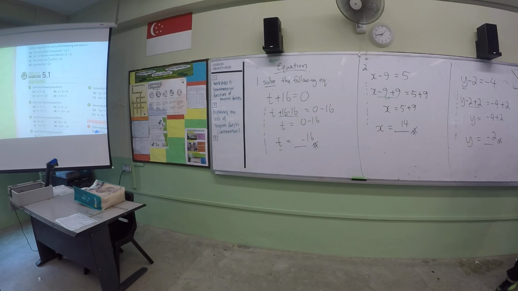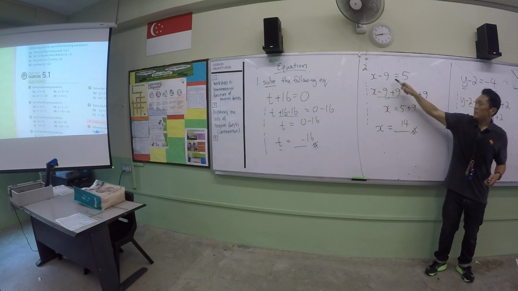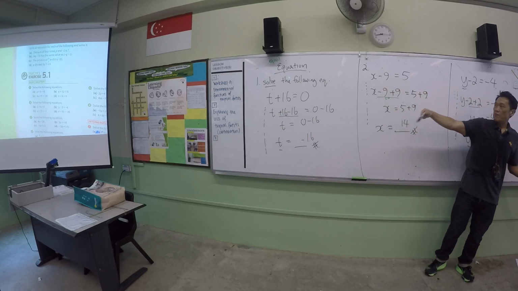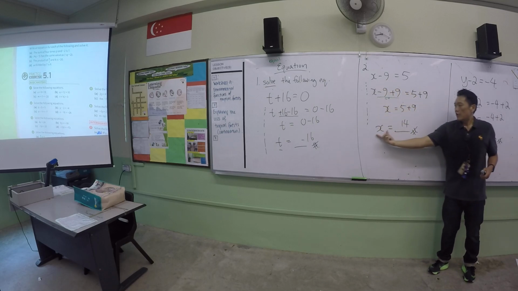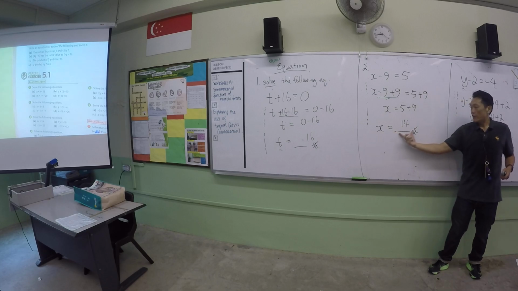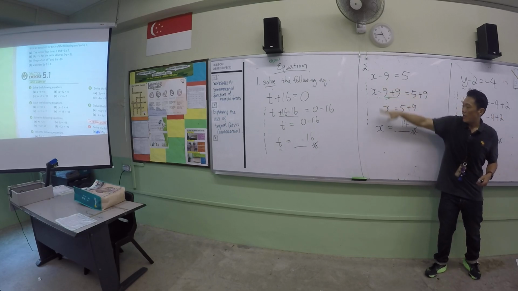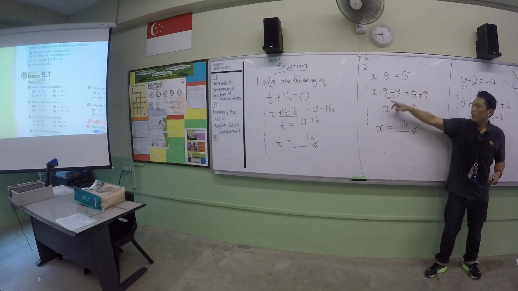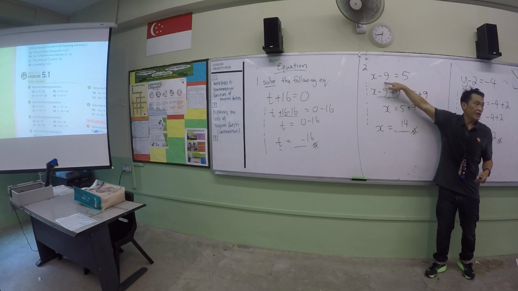Okay? For Daniel and Sarah, quick one. This time round, I have x minus 9 equals 5. Same, I want to write equivalent equations until the unknown is on one side and all the numbers are on the other side. So from x minus 9 to become x, I want to get rid of the minus 9.